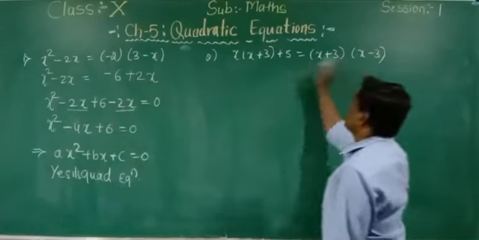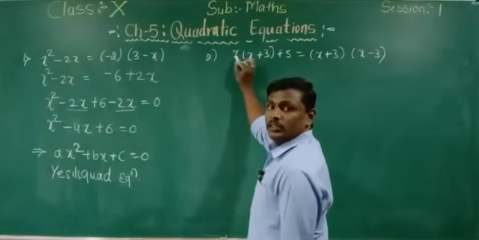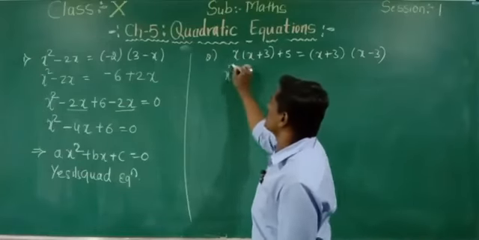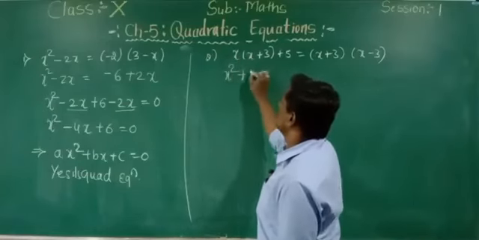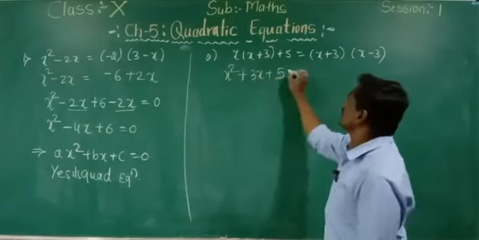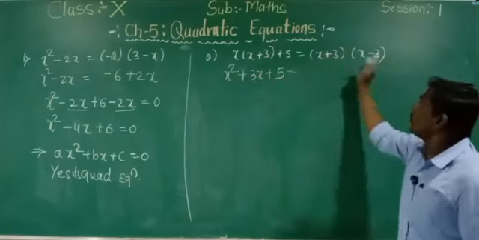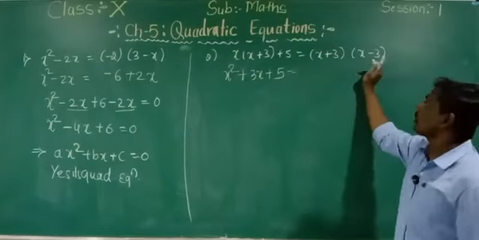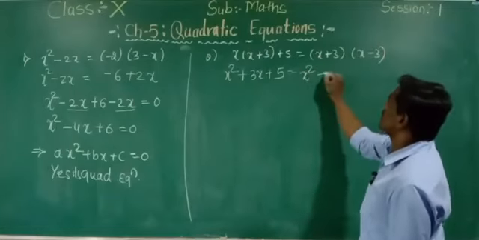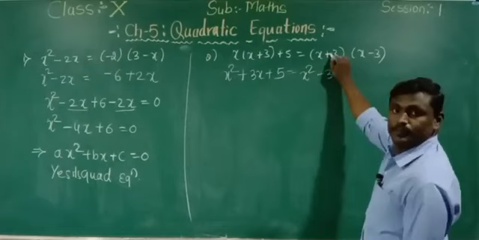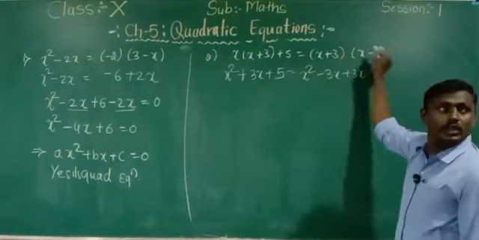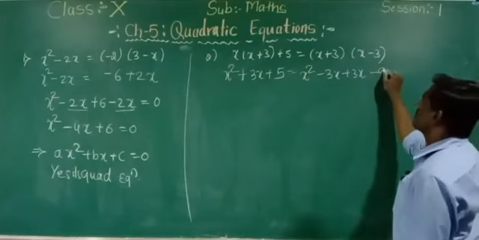Next, check this one. Second one, multiply x into x, x square, plus x into 3, 3x, plus 5 as it is, equal to the product of the binomials: x into x, x square, x into minus 3, minus 3x, plus 3 into x, plus 3x, 3 into minus 3, minus 9.